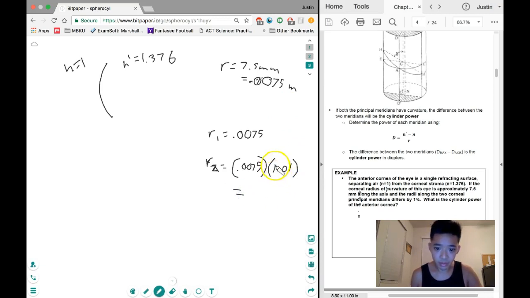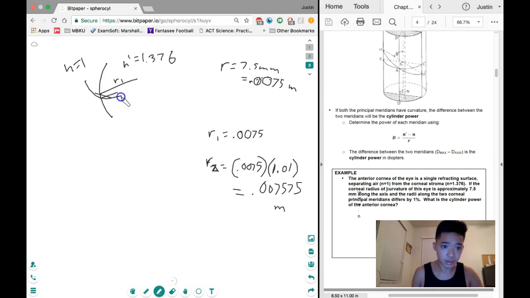The 0.01 tells you about the 1% difference in radius. So then what do I get? That's 0.007575 meters.